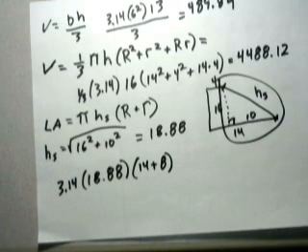So we'll do that all out. 3.14 times 18.88, then times parenthesis 14 plus 8. Use parentheses so that your calculator will know that you're doing the proper order of operations.